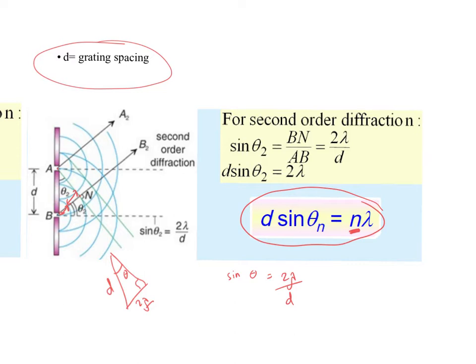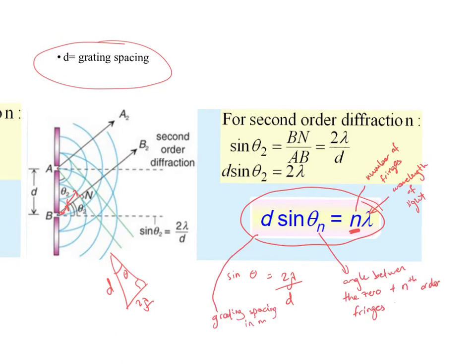d sine theta is equal to n lambda, where n stands for the order of diffraction. d stands for the slit spacing or grating spacing in meters. Theta is the angle between the 0 and nth order fringes in radians. So these are what each quantity stands for. n doesn't have a unit.